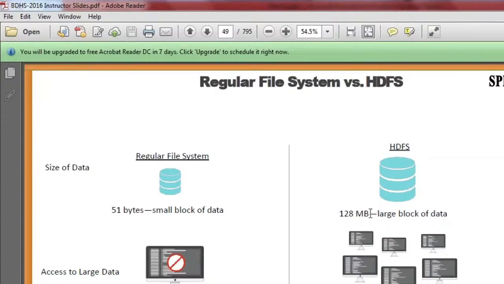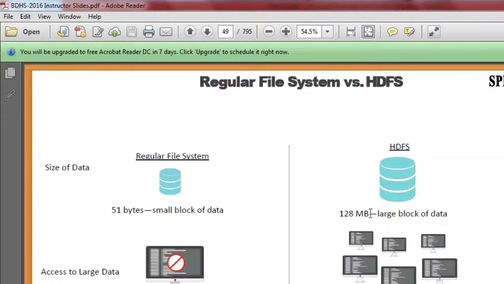So there is a demarcation line where you are not saying that I'm going to read these many small blocks, I'm going to read the entire 128 MB. Underlying, yes, it is true that it has to go and look at all of these small blocks, but while I'm processing the data, I'm processing the entire 128 MB in one go.